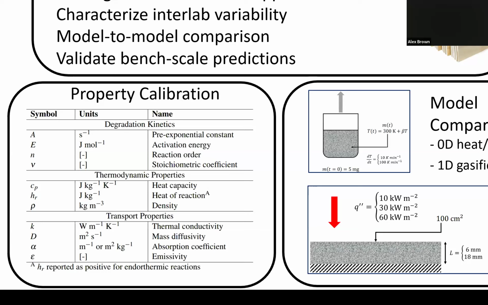So my question is, are we anticipating working with these as fixed scalars, or what sort of accommodation do we want to think about for emissivity as a function of pyrolysis extent, or maybe thermal conductivity as a function of direction through the wood?